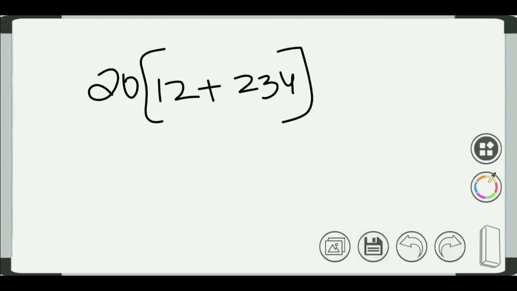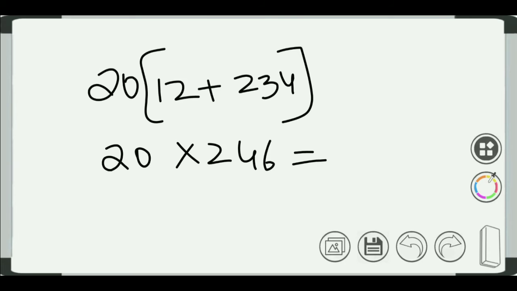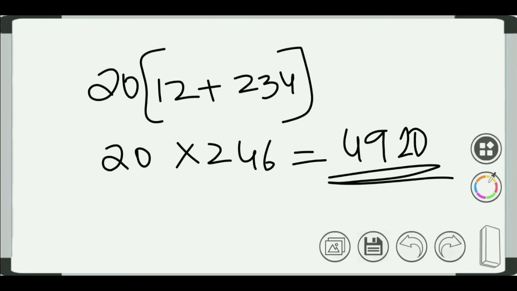So 20 into 12 plus 234. 234 plus 12 is 246. So 20 into 246 is what? 4920. This is your answer. This is the sum of first 40 positive integers which are divisible by 6. Now you can come to your 13th question.